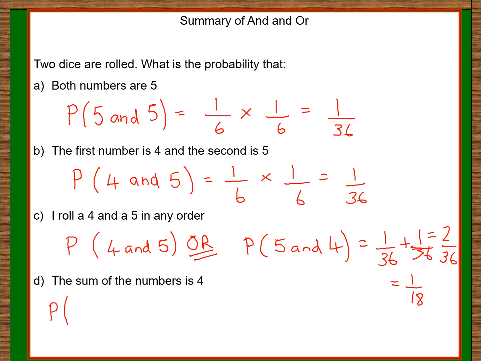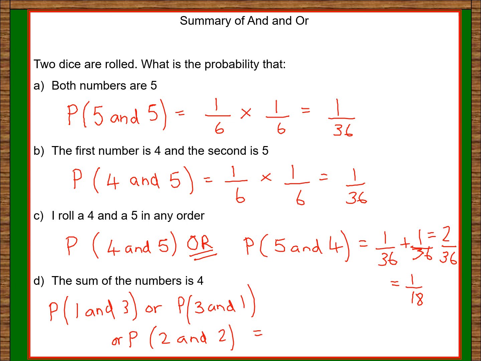Oh, right. How could I get a sum of 4? Well, I could have a 1 and a 3, or I could have a 3 and a 1, but there is another way to make 4, or a 2 and a 2. 3 different ways to get a sum of 4 with my 2 dice.